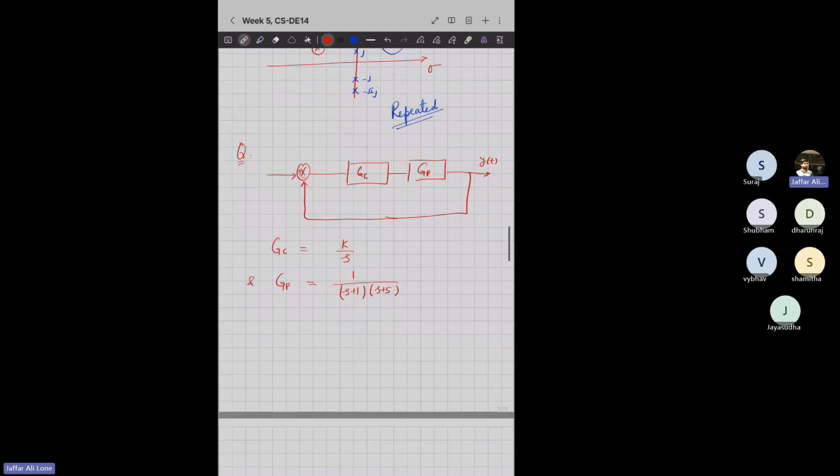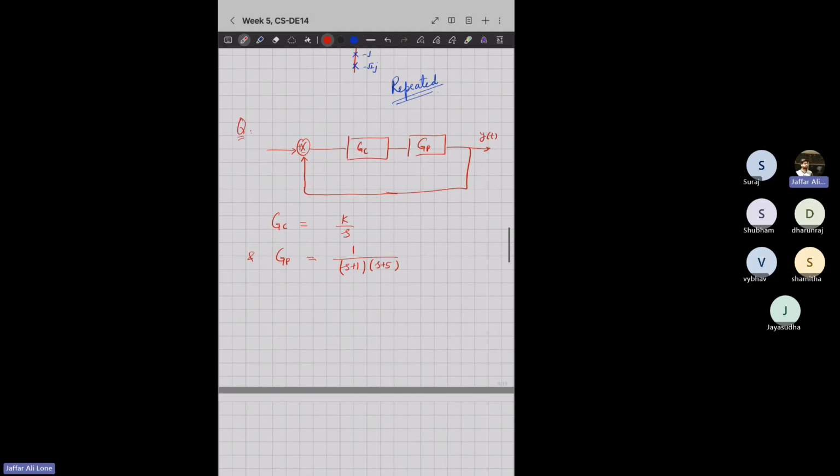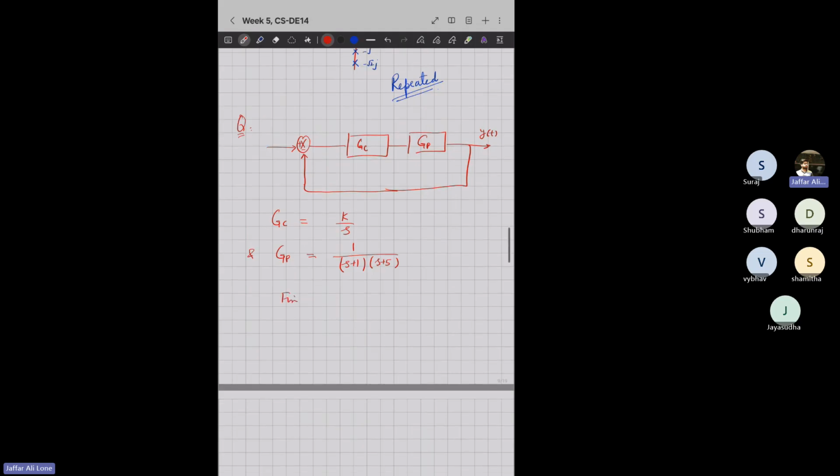You are given the forward path transfer function and a controller transfer function, which is K by S. The question is: find the range of K for which the closed loop system is stable. Basically in control, the first task is to understand the question, because if you have understood the problem, it's 80% solved.